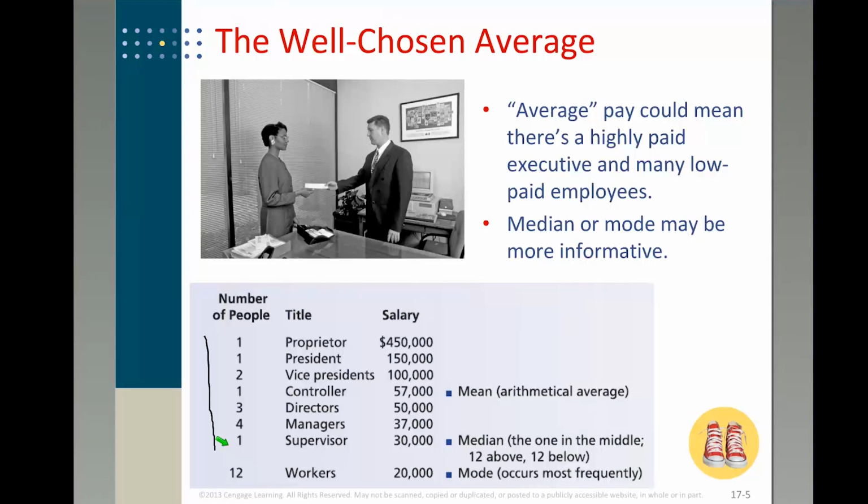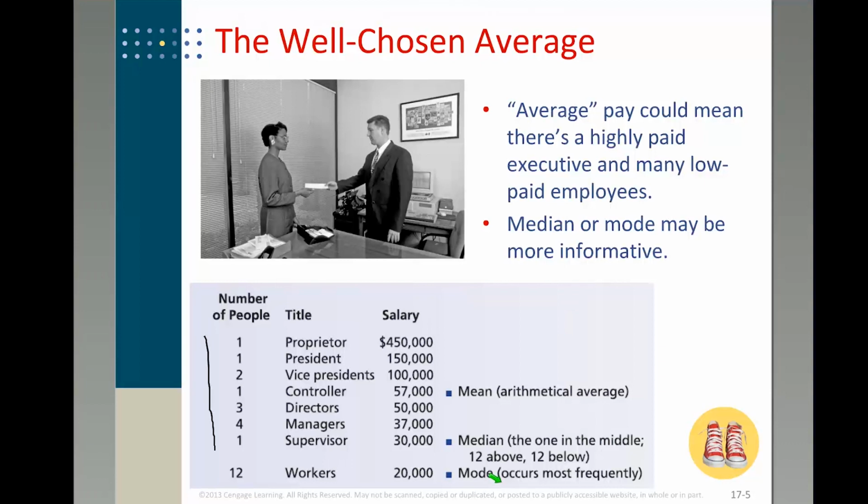The last measure of central tendency is the mode. The mode is the value that occurs the most frequently. The usefulness is that it tells us the typical salary. What is the number at which salaries tend to occur?